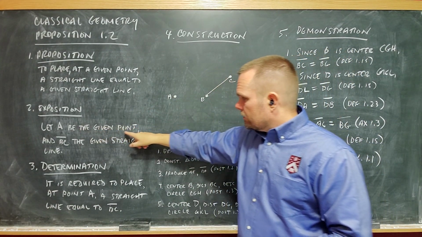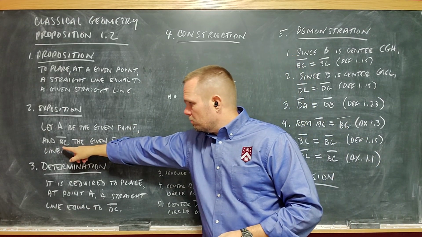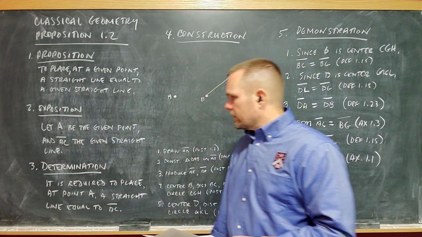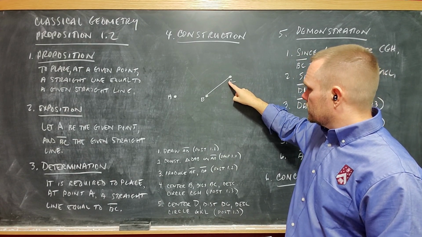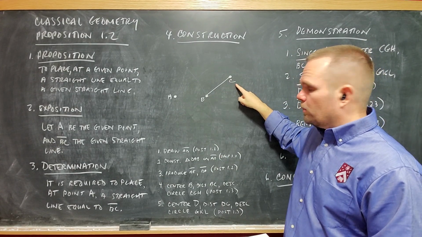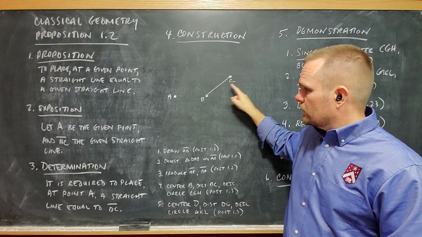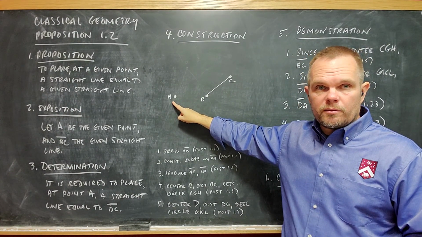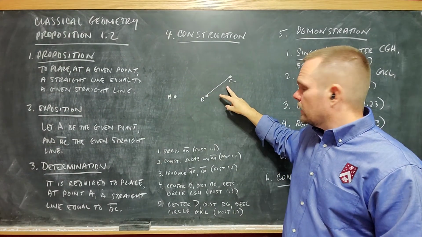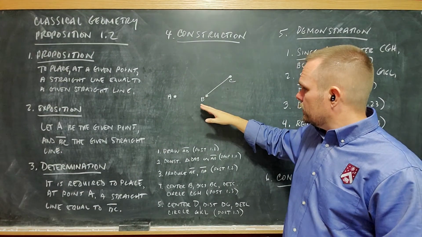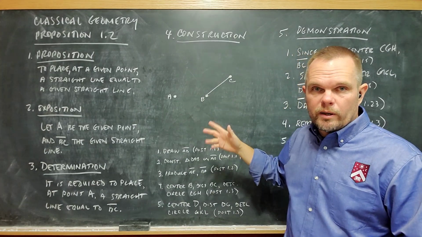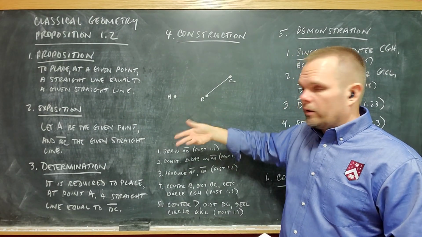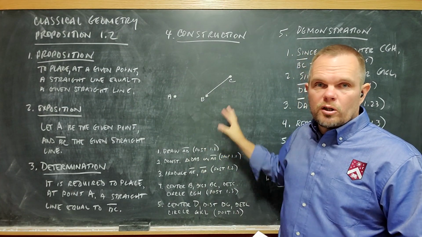Let A be the given point, and let BC be the given straight line. Here you can see I've drawn a straight line with the endpoints B and C. So this will be our given point, and this our given straight line. Notice I've just written this line BC in any direction, and the point A can go anywhere.